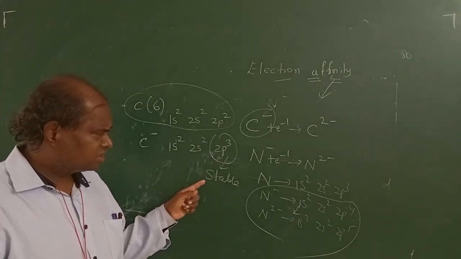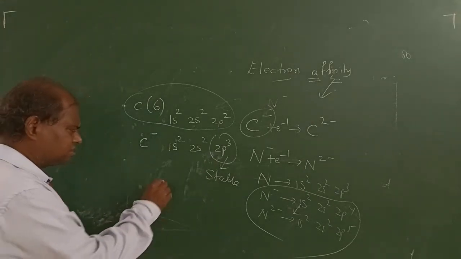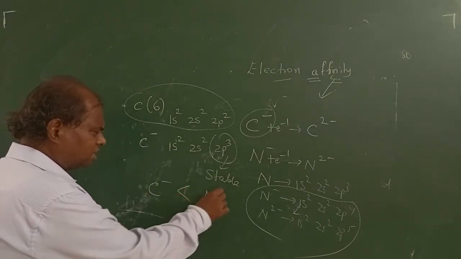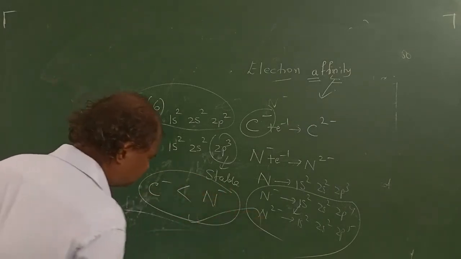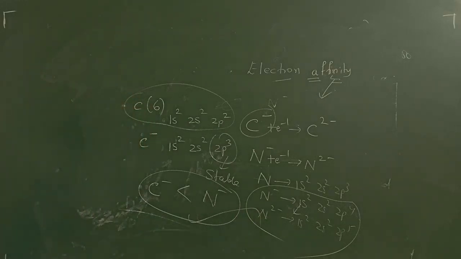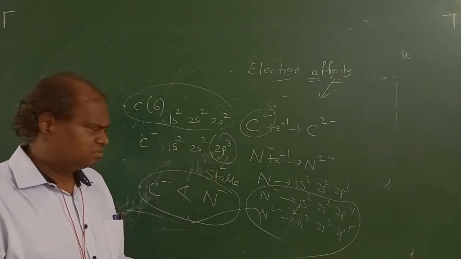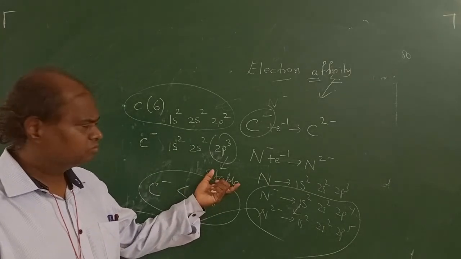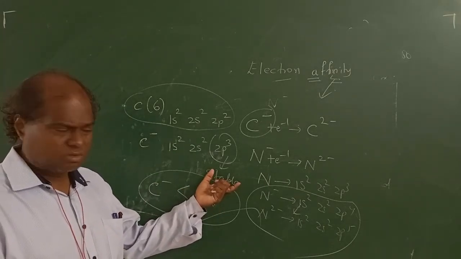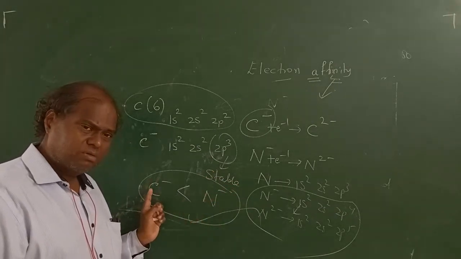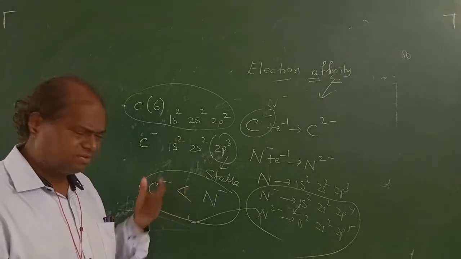So the answer is C minus will have less electron affinity compared to N minus. This is the answer, right? C minus will have less electron affinity. It doesn't like electron much because of its stability. So it is easier to add electron in N minus compared to C minus. C minus will have less affinity.